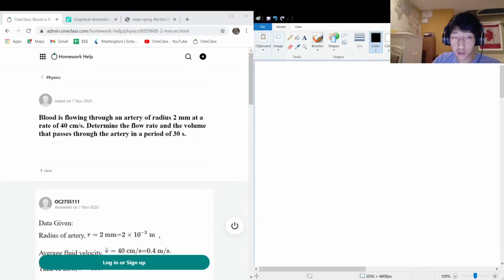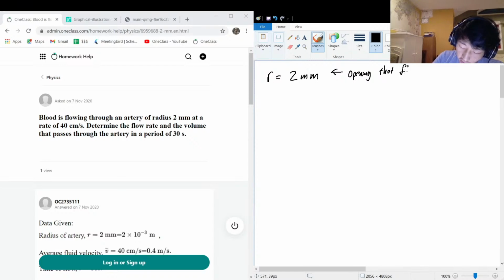Okay, so we got blood flowing through the artery, radius of 2 millimeters. So radius is 2 millimeters, and this is kind of like the opening that the fluid is flowing through.